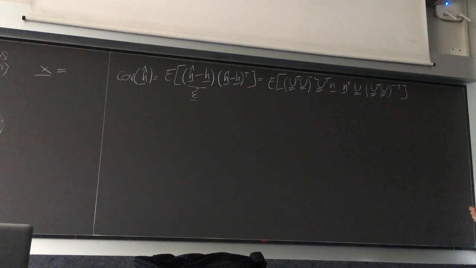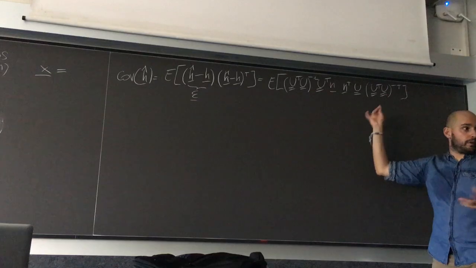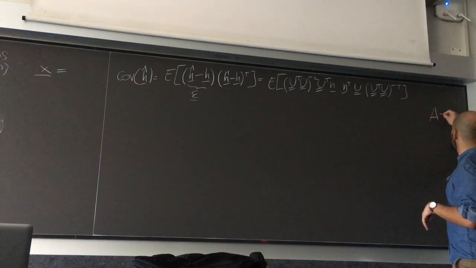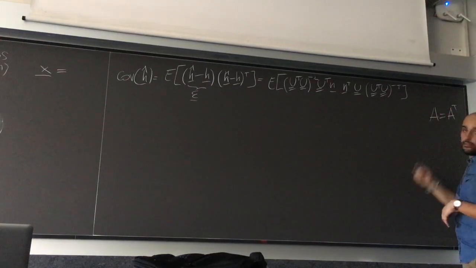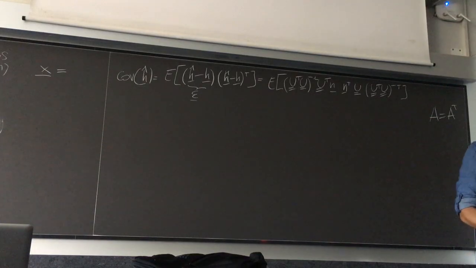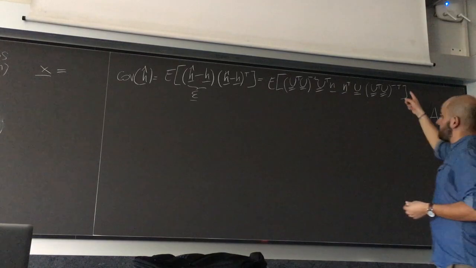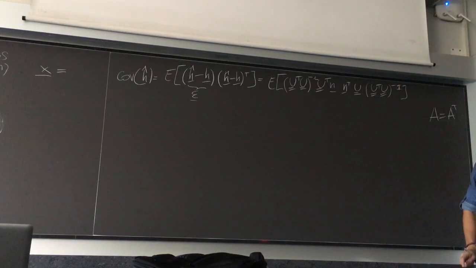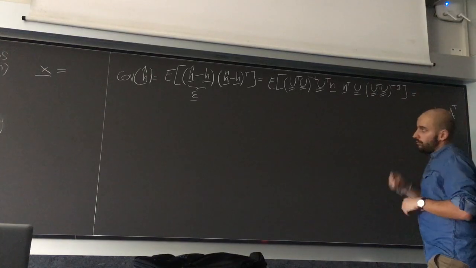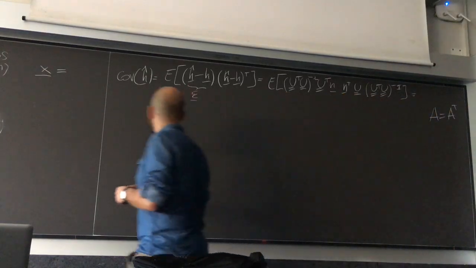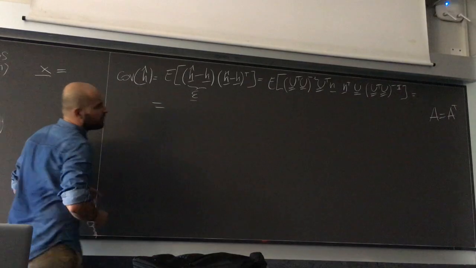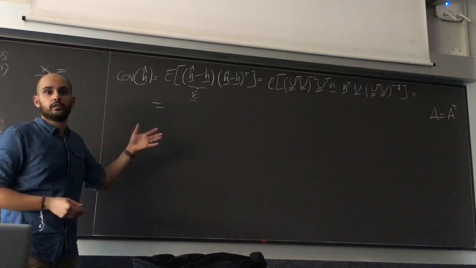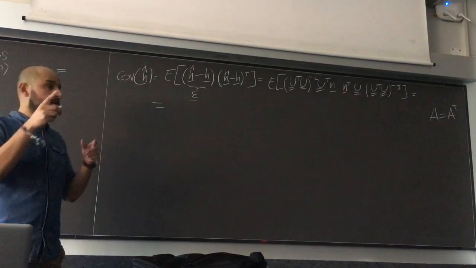Now, this matrix is symmetric. Symmetric means that if you take it and you transpose it, you get exactly the matrix itself. So basically this transposition is actually like having the normal inverse, okay? Now, in this expectation, what is the only random thing that we have in this equation? n, exactly.